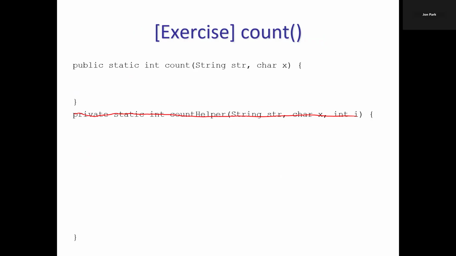So the way we're going to approach it is we're going to write a helper method. So this is the helper method. The name obviously doesn't matter, but most people like to name it as the original method name plus helper. And in this context, this is called the wrapper method.